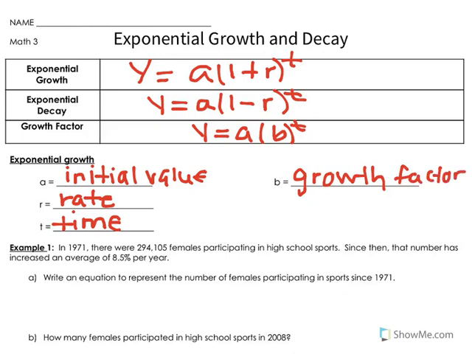For example, when you see the words double, triple, or half in a problem, those are going to signify your growth factor. So if you see those three words or words like them in a problem, you're going to be using the growth factor formula that we wrote above, the third one down.